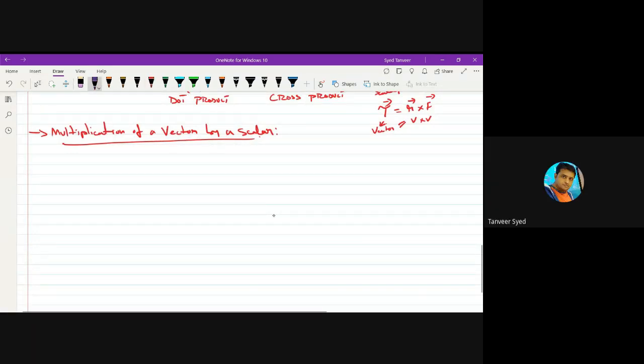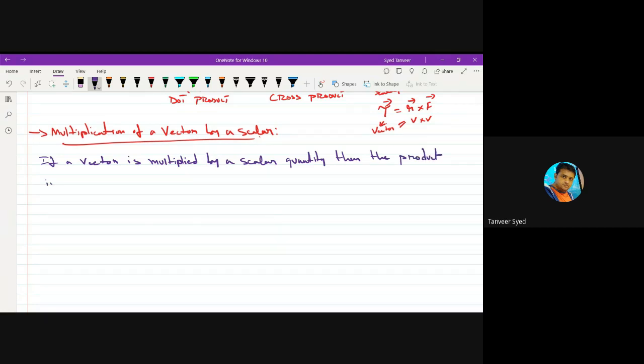Multiplication of a vector by a scalar. Simple. If a vector is multiplied by a scalar quantity, then the product is always a vector.